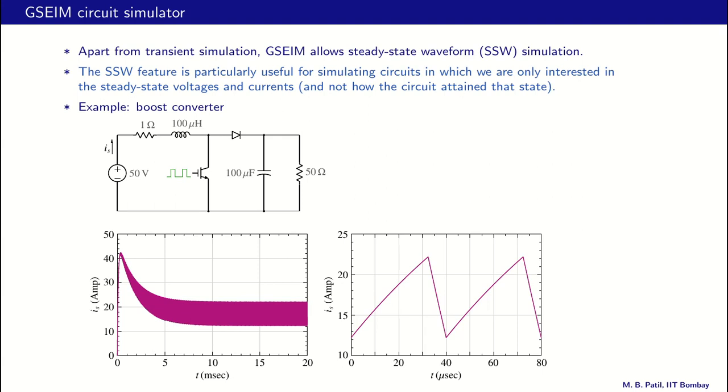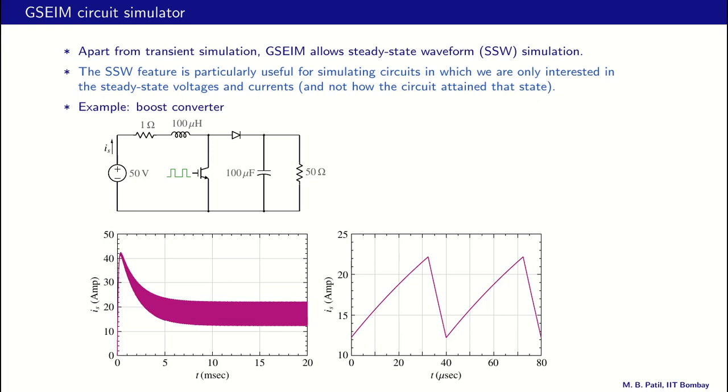That is the switch current as a function of time, and we see that it takes at least about 10 milliseconds for the circuit to reach steady state. What we are really interested in is this plot on the right hand side, that is IS in the steady state, and just 40 microseconds of data, right?